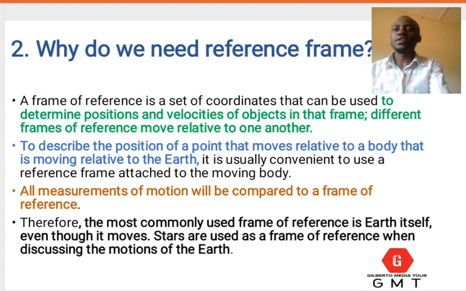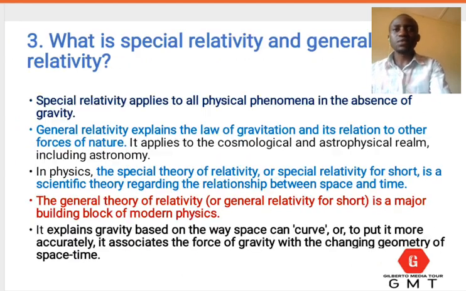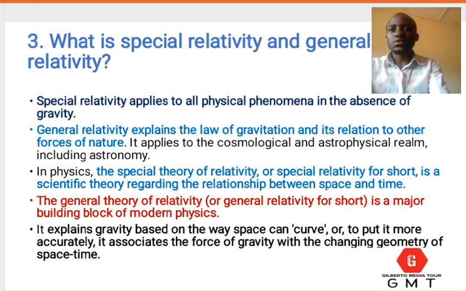Different frames of reference move relative to one another. So frame of reference is very essential. All measurement of a motion will be compared to a frame of reference. You see that a reference frame is very essential in physics, so that nothing can go ahead without a frame.